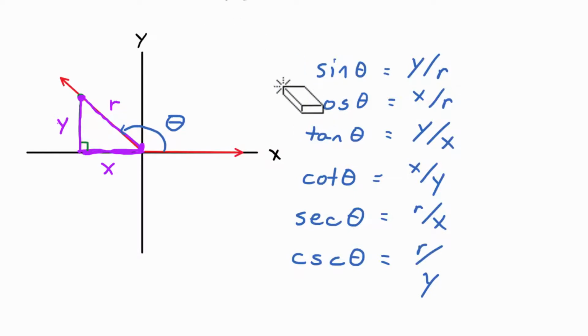So the reciprocal relationships that I outlined before still hold. The guys that I'm pointing at are reciprocals of each other. Now, these definitions, these trig ratios or trig functions, will hold if our angle is in the 3rd or 4th quadrant as well.